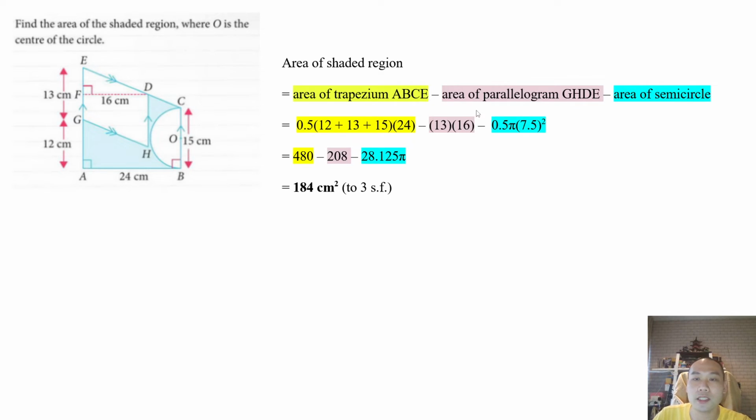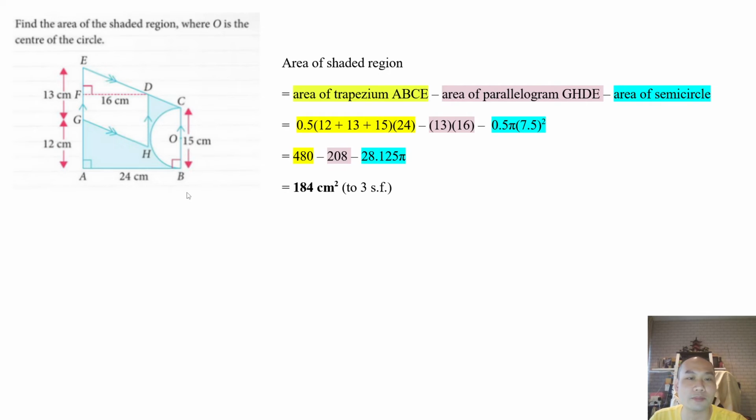Now, the area of the parallelogram is base times perpendicular height. This time we use EG as the base, so it's 13, and the perpendicular height is FD, 16. The area of the semicircle is half, or 0.5, pi r squared. Here we need to be careful.